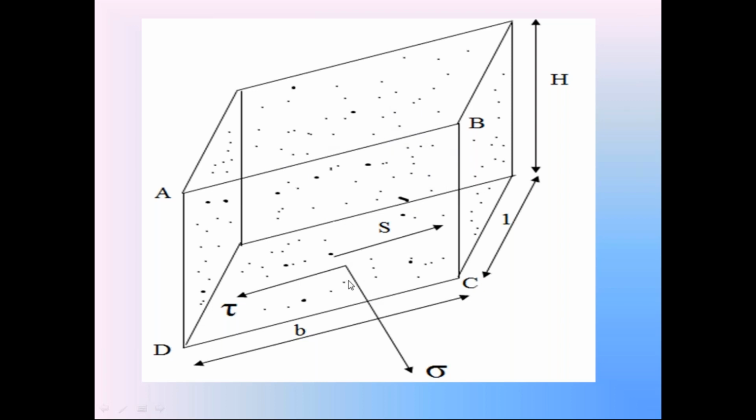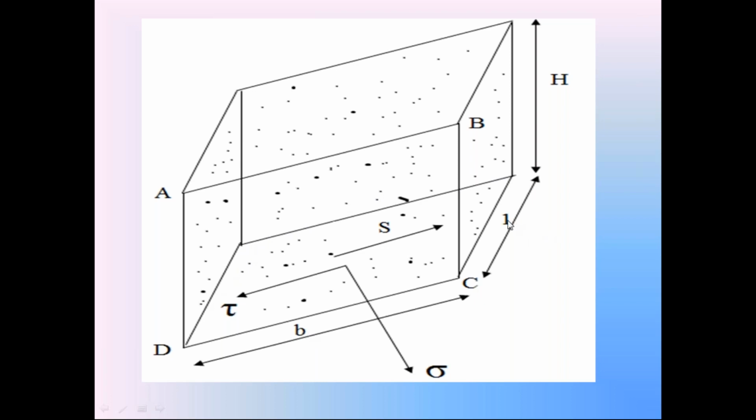The normal component N produces the normal stress in the soil prism, sigma. This is called the total normal stress in the soil prism. That total normal stress is equal to normal component N divided by area of this plane CD. The area of the plane CD is B into 1.